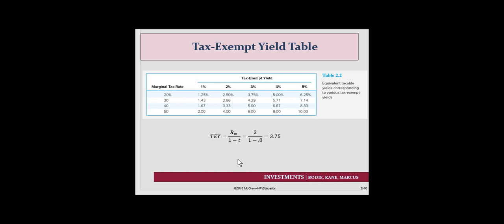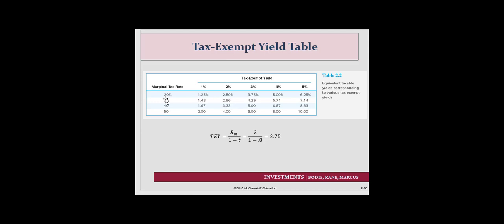R sub M here is the return on a municipal bond. So here we have a 3% municipal bond yield, so that if you buy that, that's what you'd earn. We also have a person that's in the 20% tax bracket. If this person had a corporate bond, what rate of return on the corporate bond would get you more money than the tax-exempt bond?